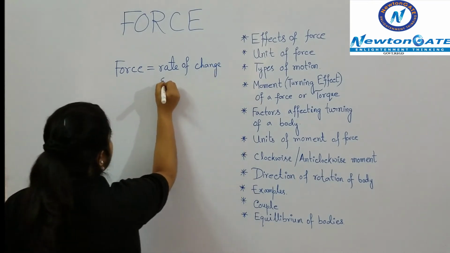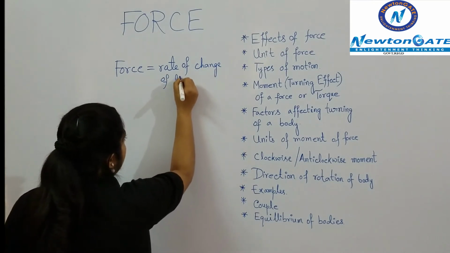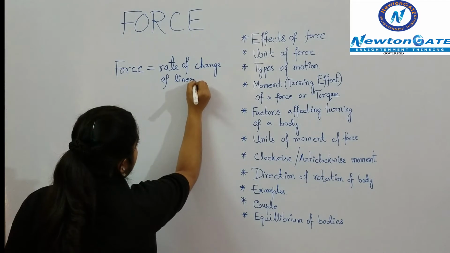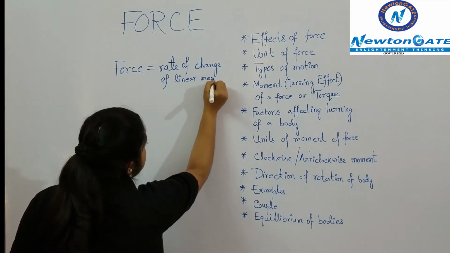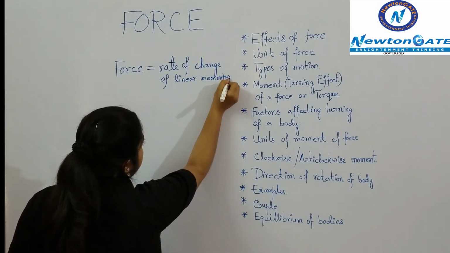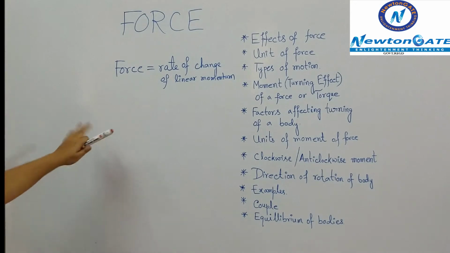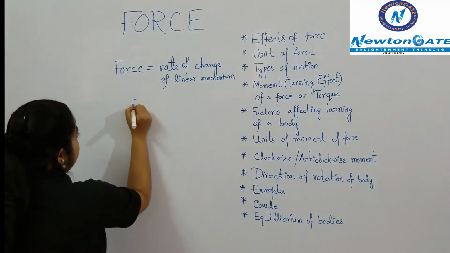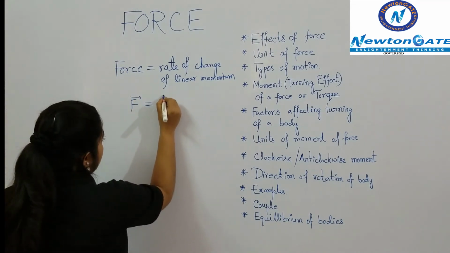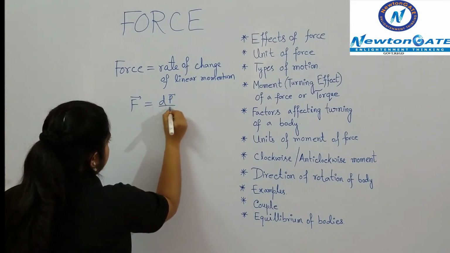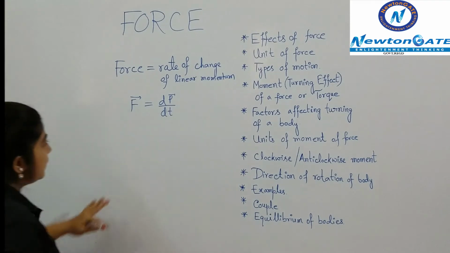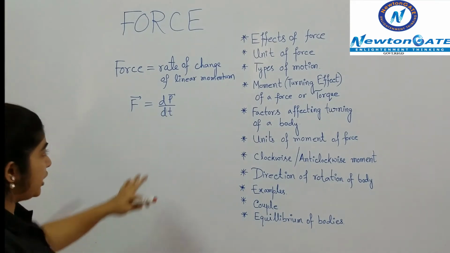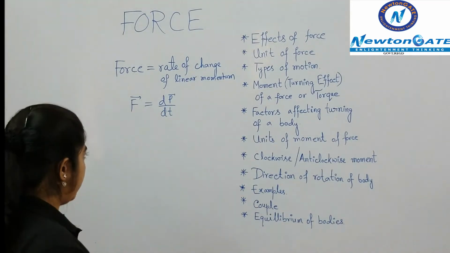So how can we write it mathematically? We can write it as F equals dp by dt, right? Because it is the rate of change of linear momentum.